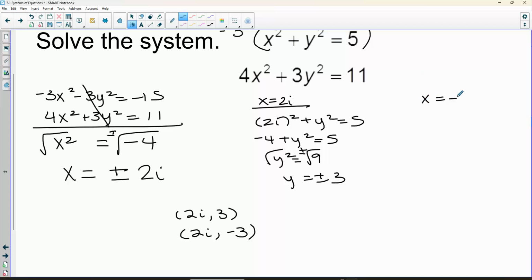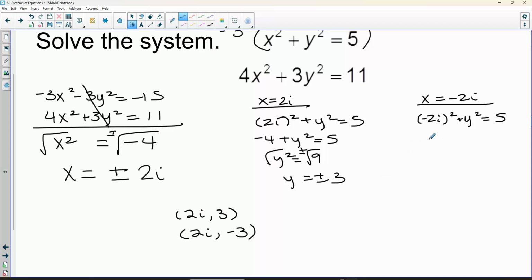What happens if I put in a negative 2i? What's negative 2i squared? It's positive 4i squared, which is negative 4.